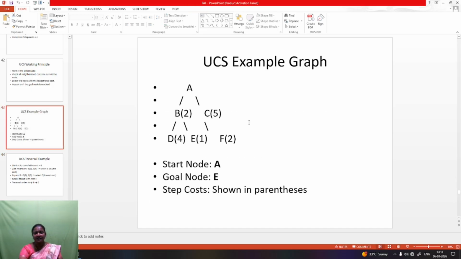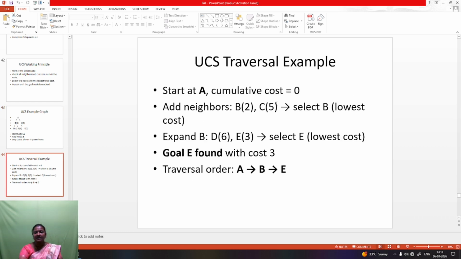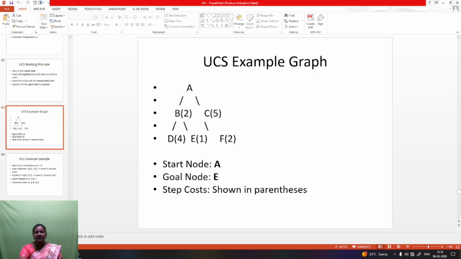Neighbors can also be called successors or children. Here the neighbors are B and C. Here we have to select B because B has the least cost. So we select B.